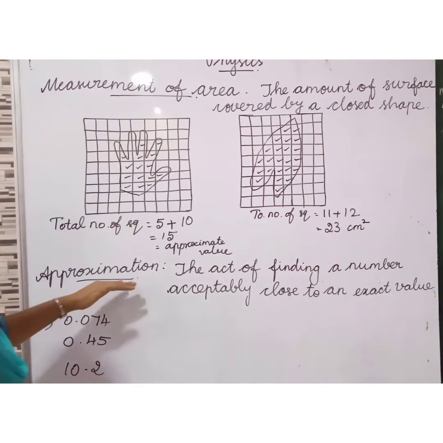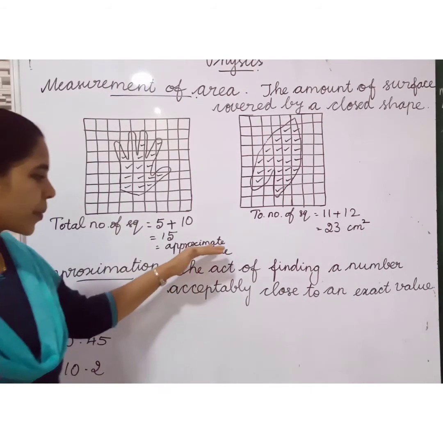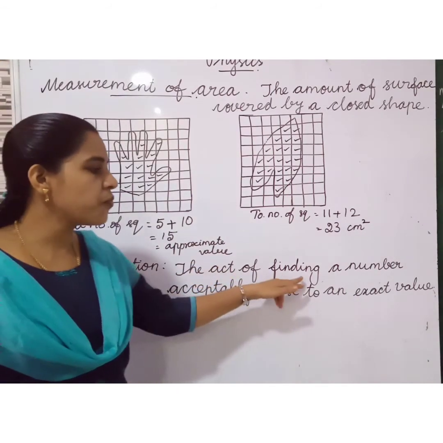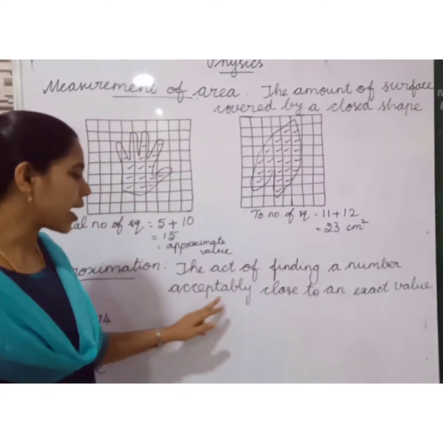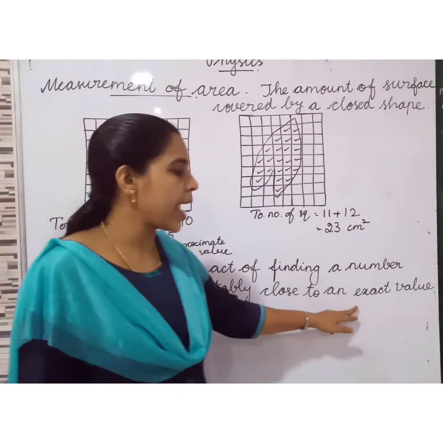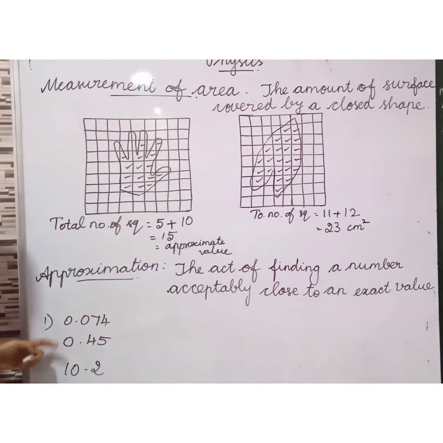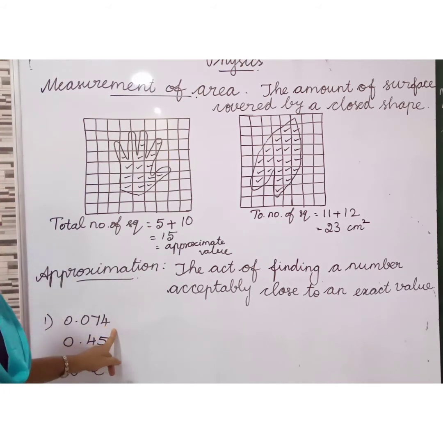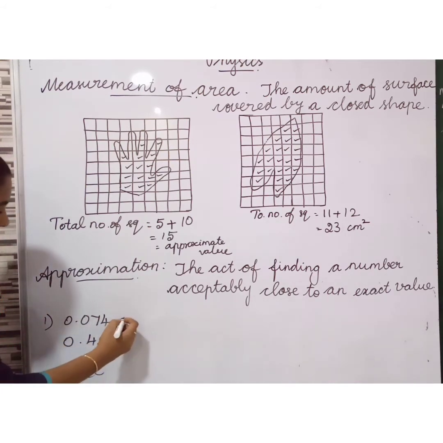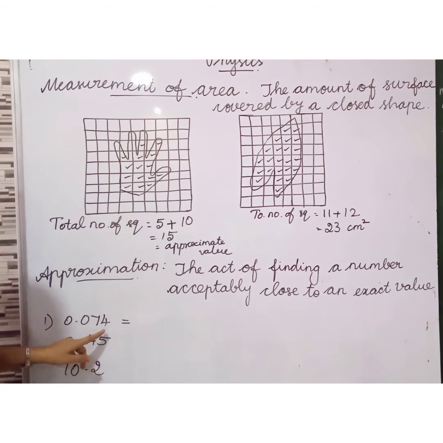Next, what is approximation? Approximation means the act of finding a number acceptably close to an exact value. Listen here. For example, 0.074. How to write the approximation here? We have to write the approximation value.